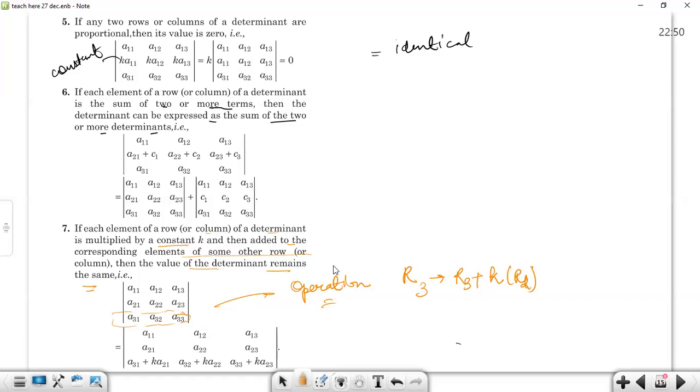So this property gives us freedom and liberty to operate on particular rows or columns. Clear? Now this is very important. This property gives us the liberty to do operations on particular rows or maybe columns also. It depends on our intention and objective.